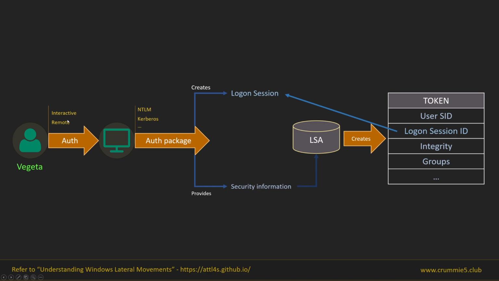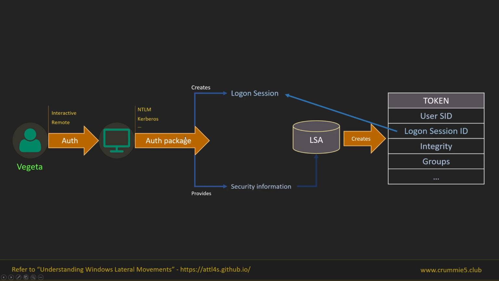If you do it remotely, you will probably not have credentials. When you authenticate, you are going to use probably Kerberos, if this is an Active Directory domain, or NTLM. Those are authentication packages, or they have another name, Security Support Providers, SSP.